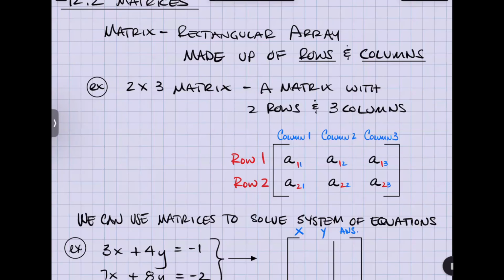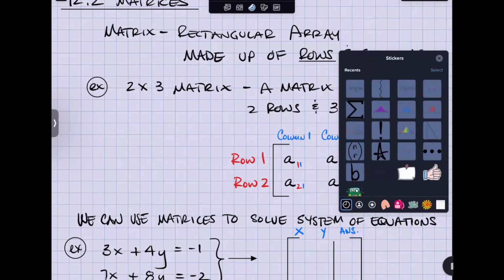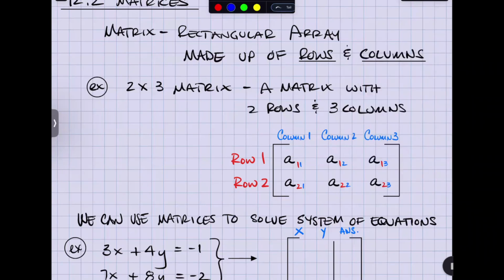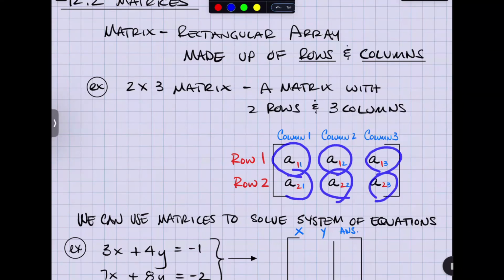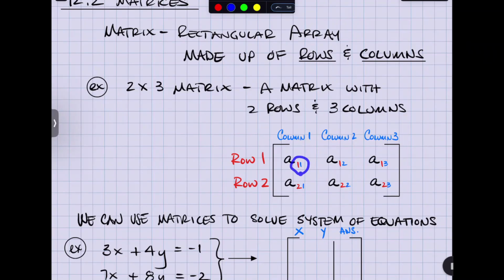Okay? So, when we label each element in the matrix, notice that the subscript is row first, then column. So A11 would be the element in row 1, column 1.